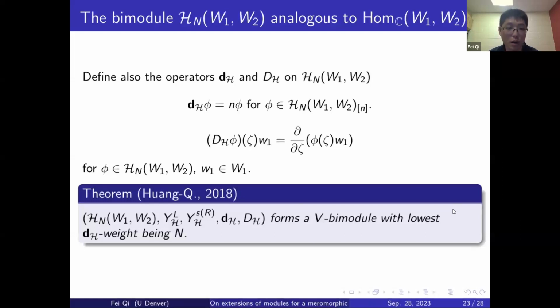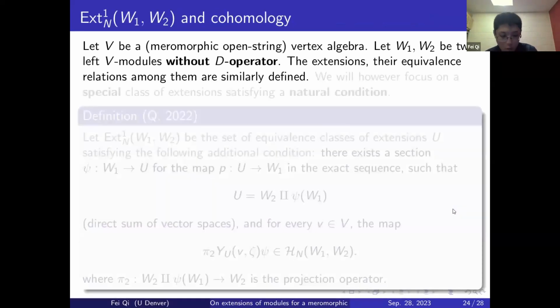Then we can check that we do have the bimodule. Basically the verification of the bimodule condition occupies the majority of my thesis, unfortunately. So this is the theorem we have proved in my thesis.